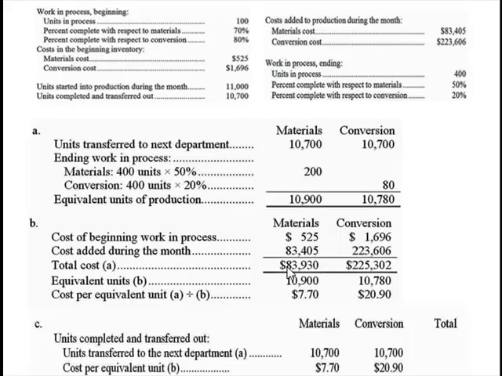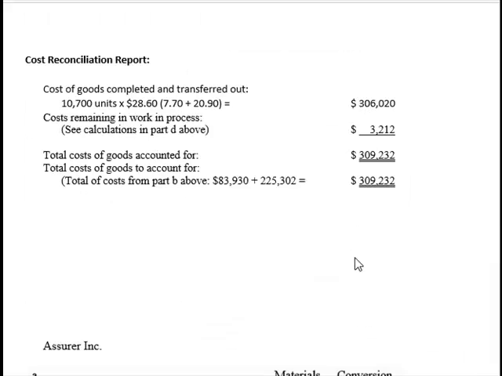So this total plus this total equals this amount. And yes, the total amount of costs that we needed to account for are accounted for up here. So our cost reconciliation report is in balance, and we can have confidence in our calculations.